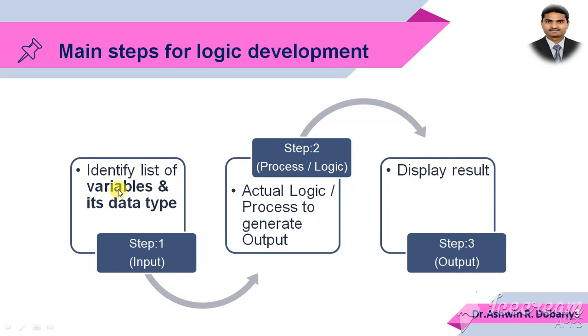So the first step is to identify the list of variables and the appropriate data type. Here we require two numbers as inputs and both are numbers, so the data type is integer. In this first step you have to think about which variables are required in this program. Once you identify the variables, then you identify the appropriate data type.